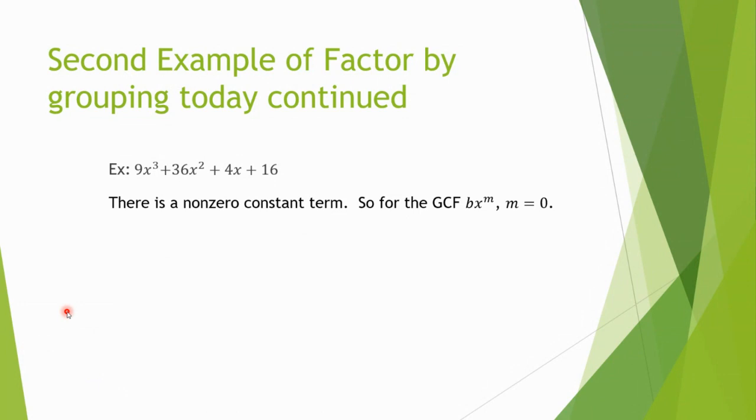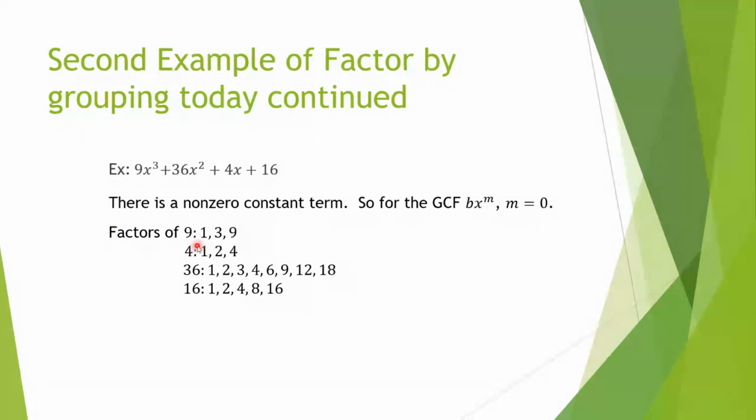Okay, that's good. Well, what about the coefficients, though? 9, 36, 4, and 16. We can list their factors. Generally, you don't have to list all of them. Once you have any two that only have a common factor of 1, just like 9 and 4, that tells you right away that the greatest common factor, in fact the only common factor among these coefficients and the constant term, is 1.